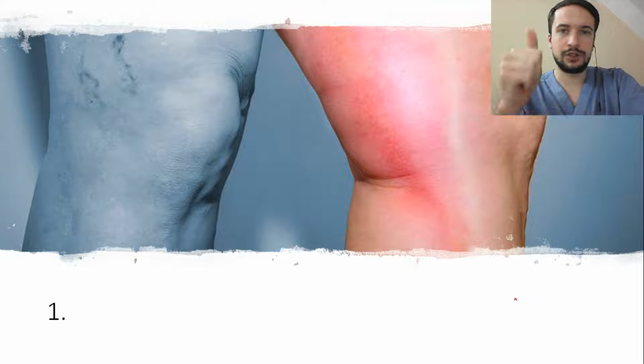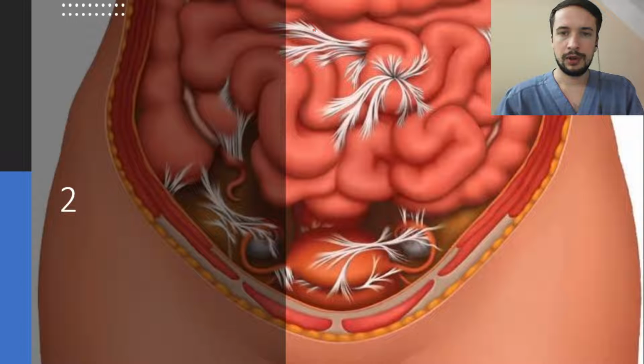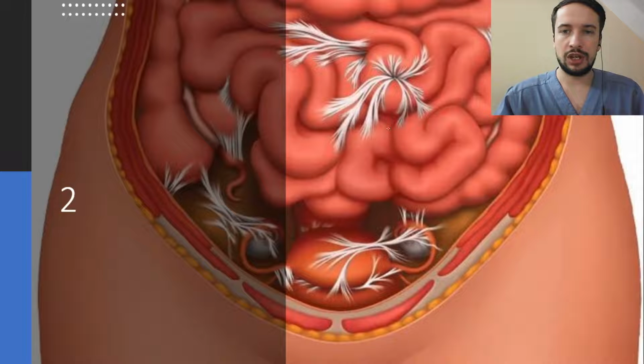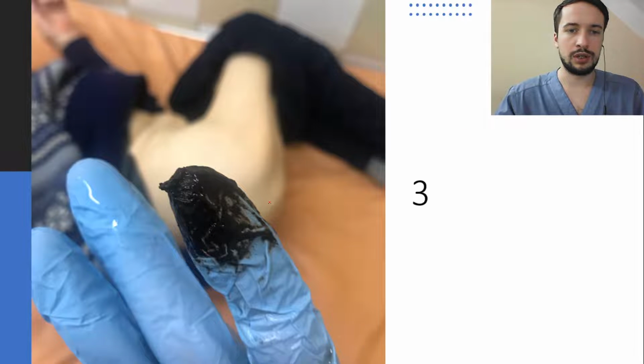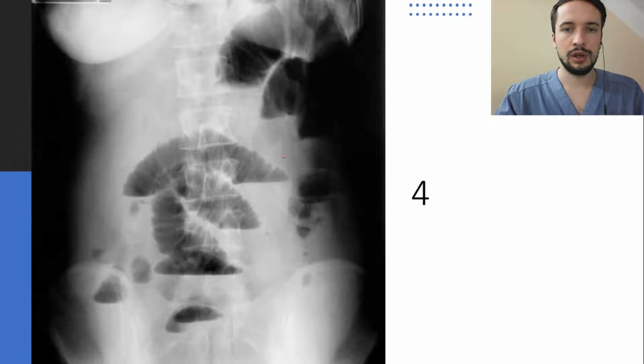First question: what complication do you see in this picture? What is this you see? I want to show you this leg. The next one: what complication do you see there? What is this? What do you think? The next one: what complication can happen if we see this after rectal examination? Question number 4: what complication do you see on the X-ray?